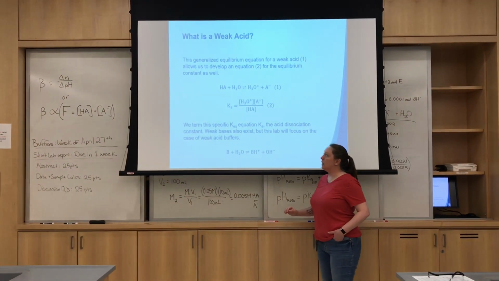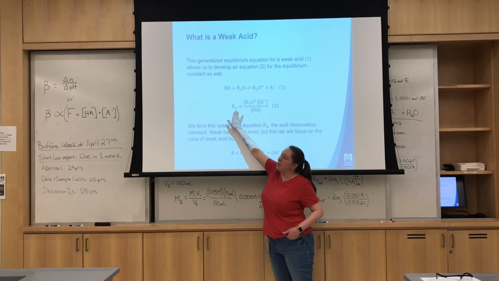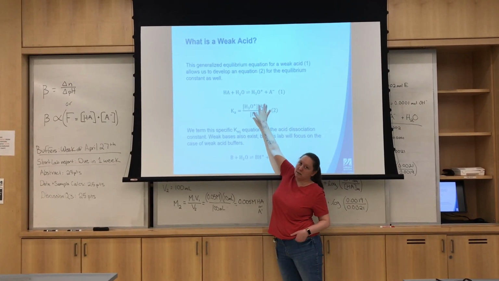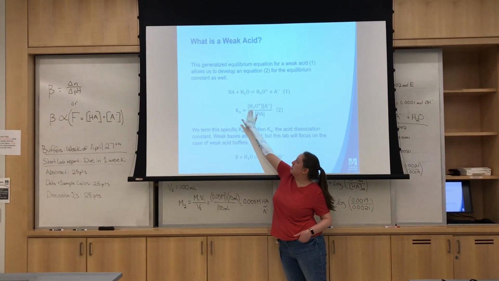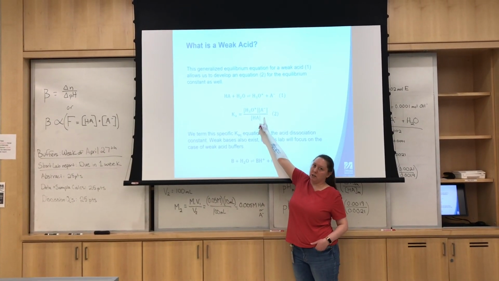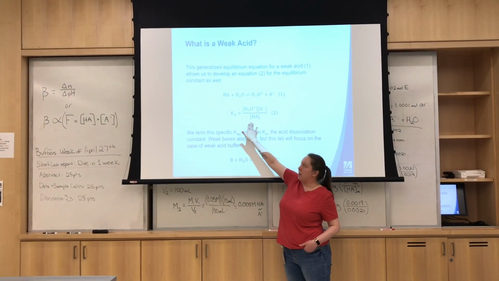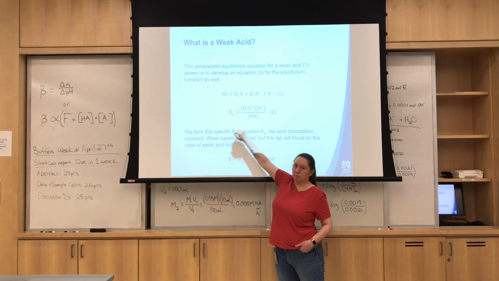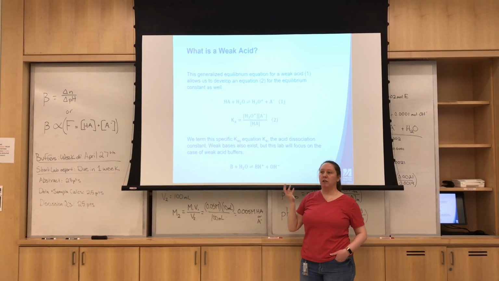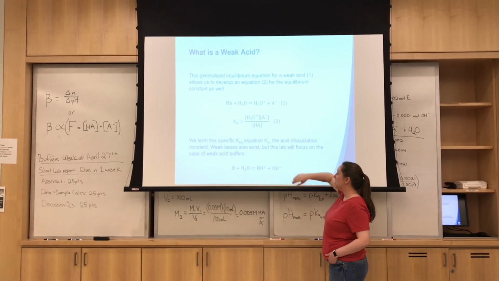So the equilibrium constant for an acid, or Ka, is represented by the concentration of the products. One product is hydronium, one product is the conjugate base, A-, and our reactant in this case is HA. So just like every other equilibrium constant equation, it's products over reactants.